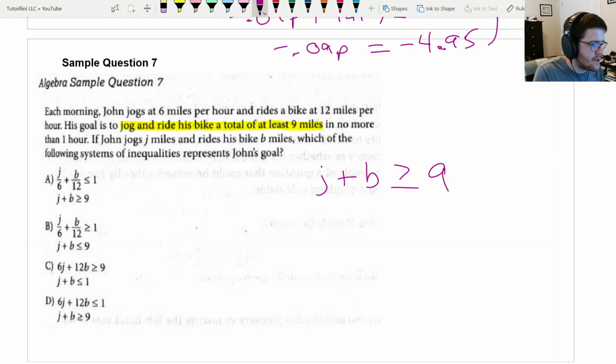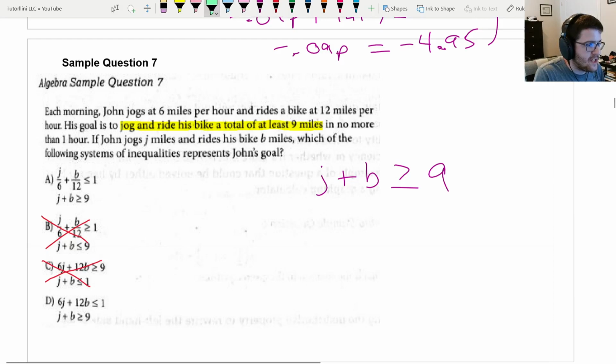So that should be one of the equations. And right away, C and B are looking wrong because they do not have that second inequality correct. So already we have a 50-50 chance of getting it right.